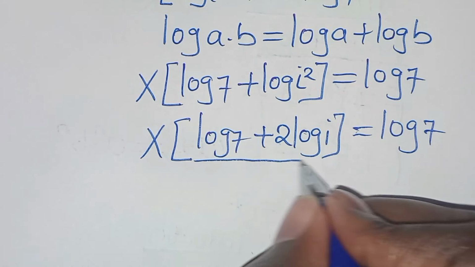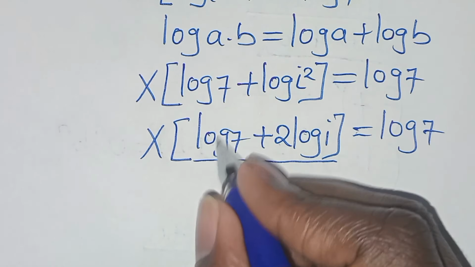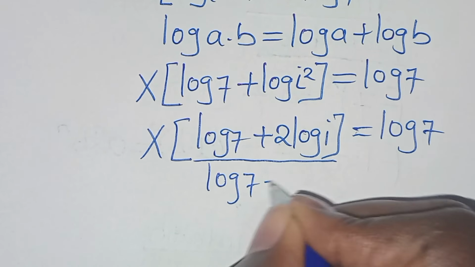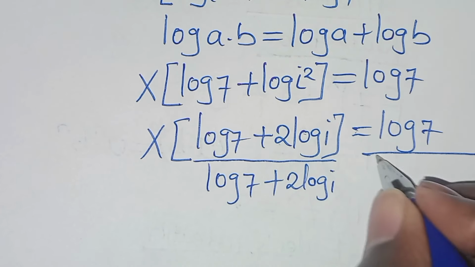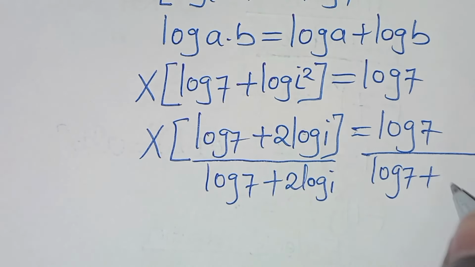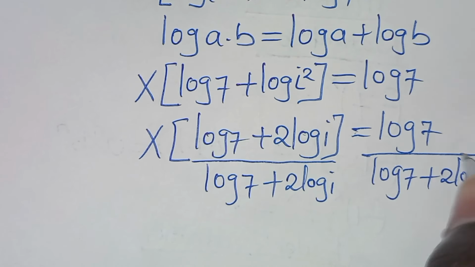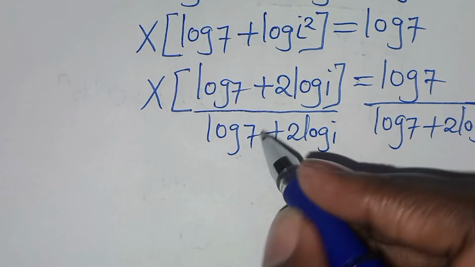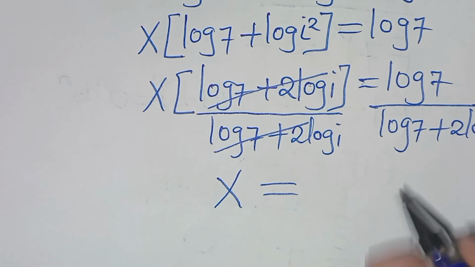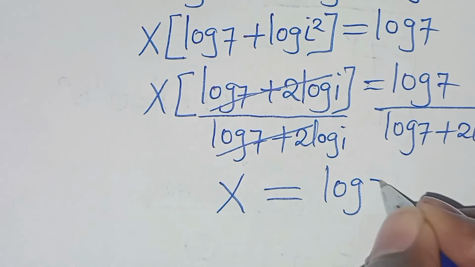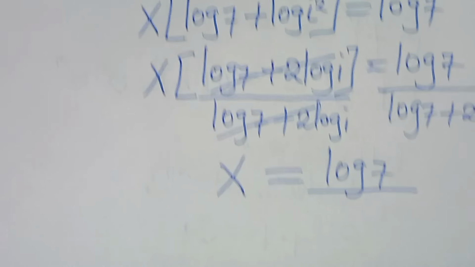Let's divide both sides by log 7 plus 2 log i. And therefore, if we simplify here, we have that x is equal to log 7 divided by log 7 plus 2 log i.